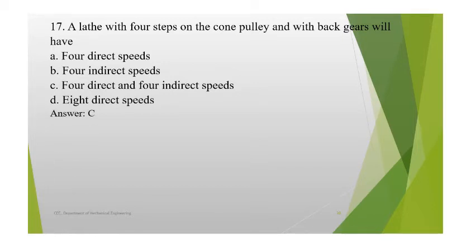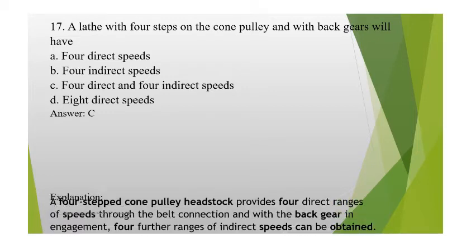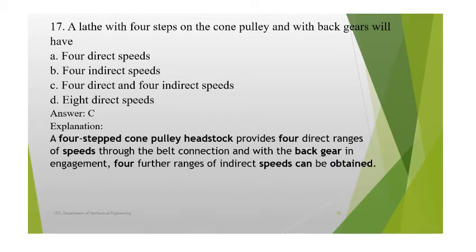The right answer is 4 direct and 4 indirect speeds, because the 4-stepped cone pulley provides four direct speeds through the belt connection, and the back gear engagement provides the indirect speeds.